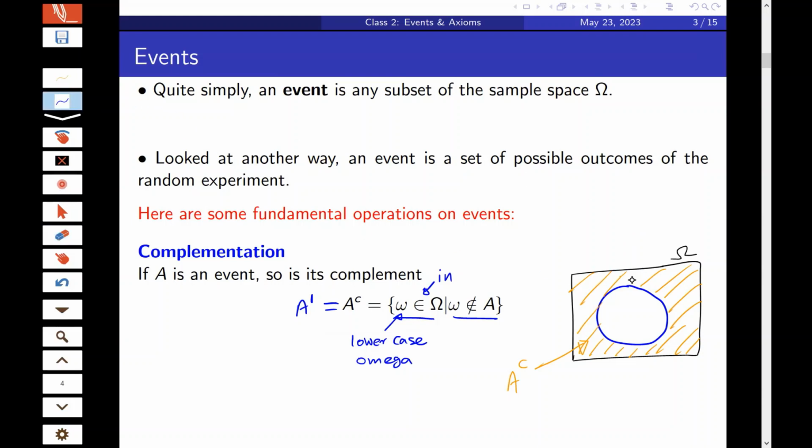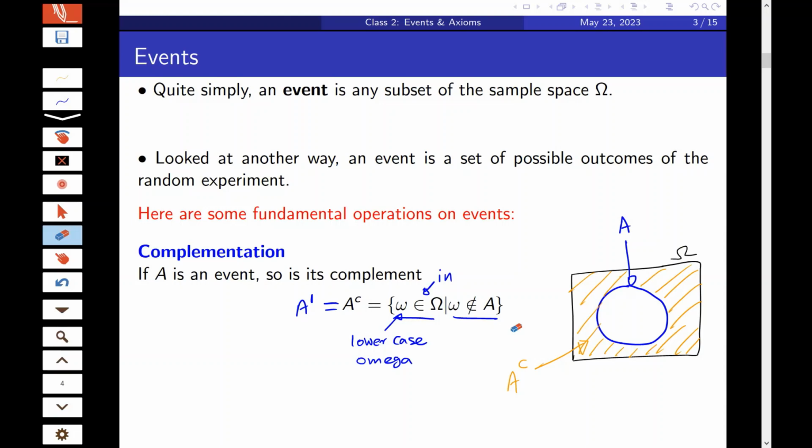The blue circle is for A, and the gold shaded area is the A complement. Any outcome in this area goes to the A complement.